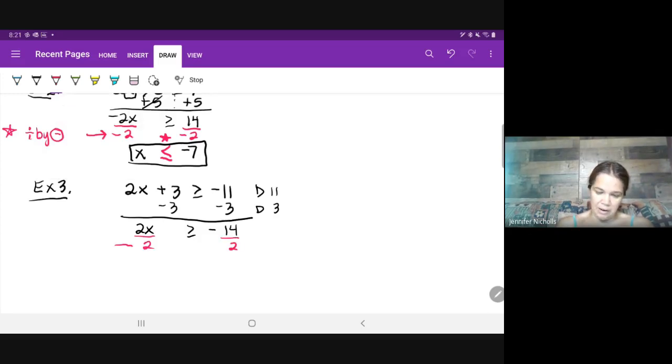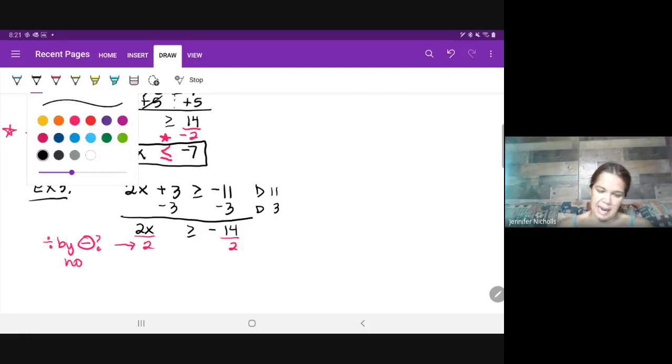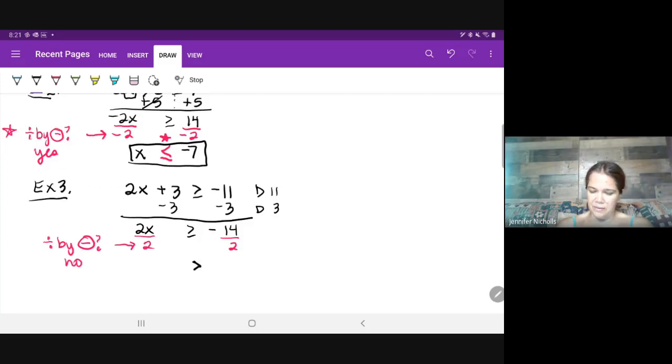Now let's put a little arrow here. And these arrows will help us remember, okay, what are we supposed to do? Now, did you divide by a negative? Okay, so let's put no. Over here, I guess I should put yes. So we said no. Now, what sometimes people think is that I am dividing with a negative.